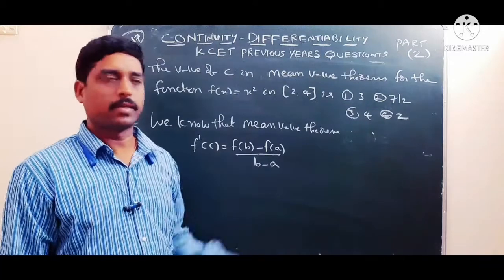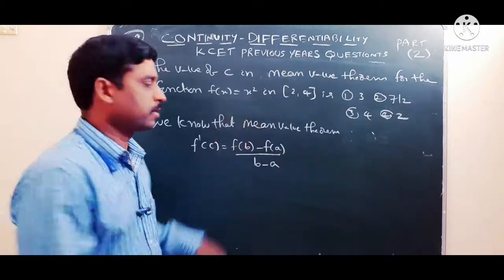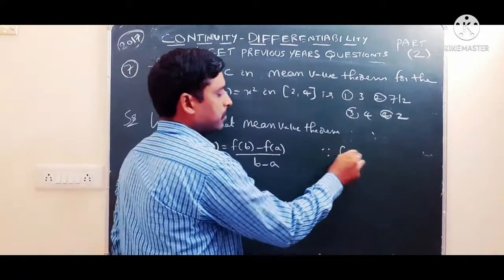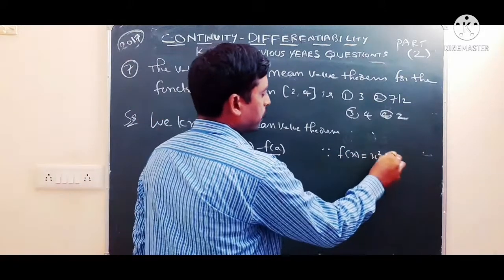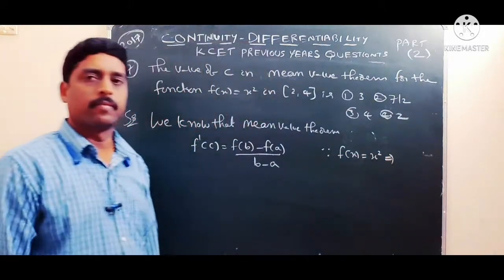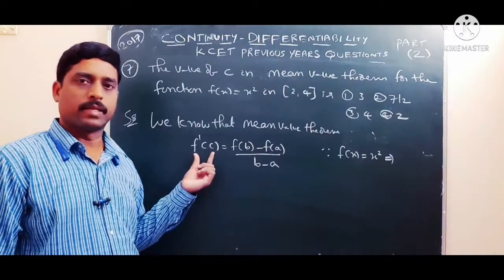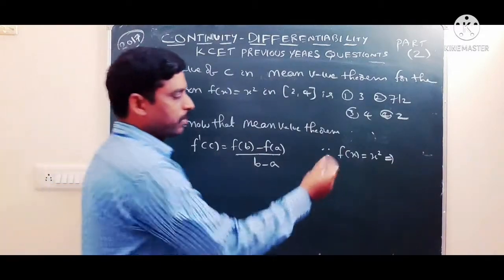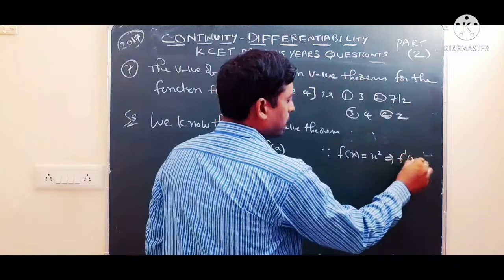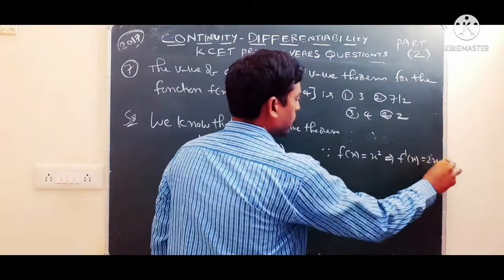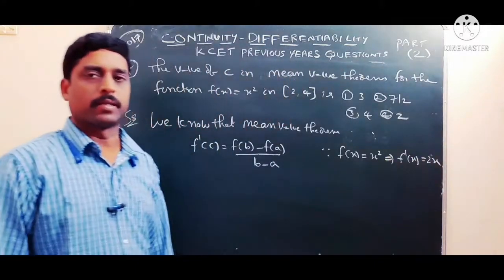So what is the given function? f of x is equal to x square. We need f dash c, so taking the first derivative on both sides, f dash x is equal to 2x. The derivative of x square is 2x.